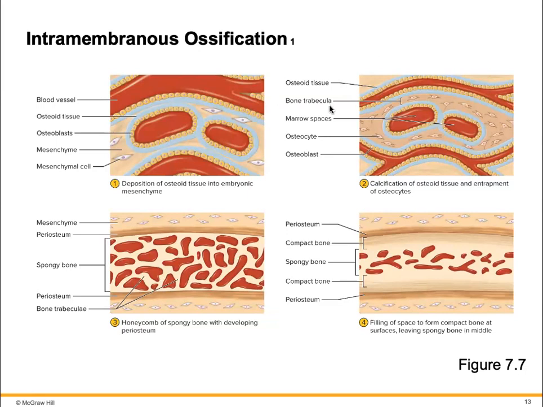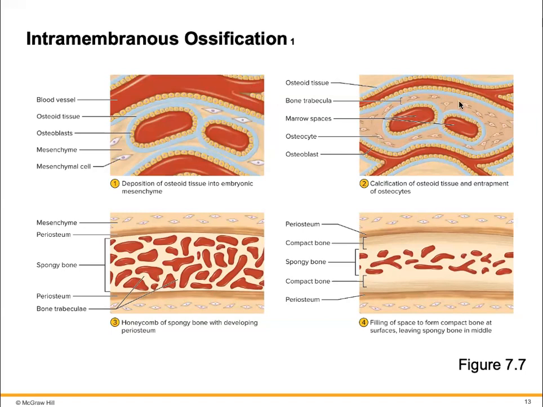Then this process just keeps happening where you have more and more mesenchymal cells becoming osteoblasts. Those osteoblasts will continue to secrete the matrix that's collagenous. And then as the collagenous material starts to calcify, it traps the bone cells and turns the osteoblasts into osteocytes.